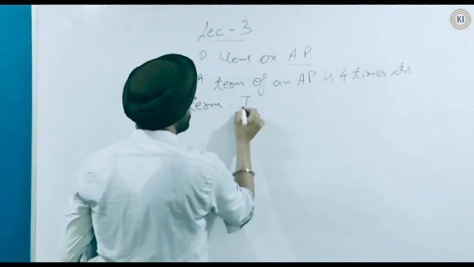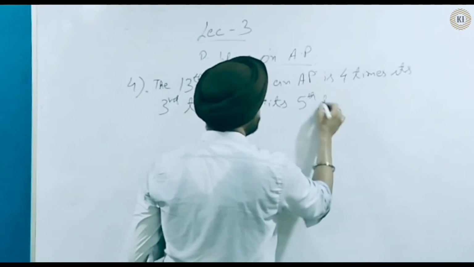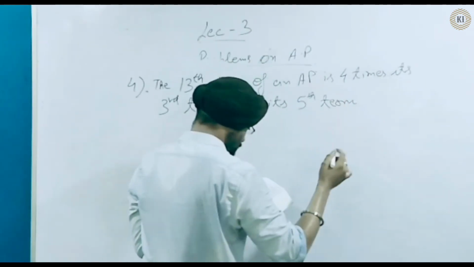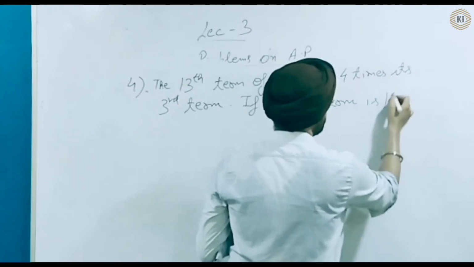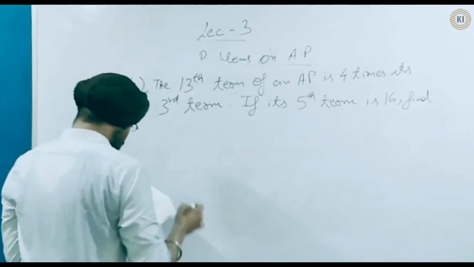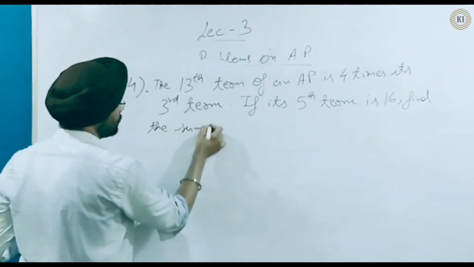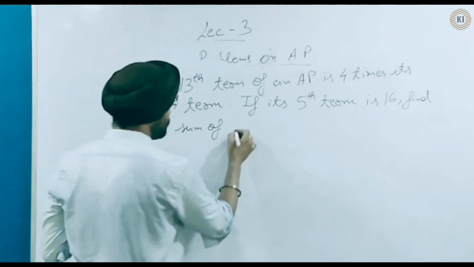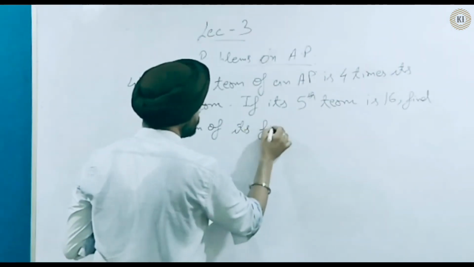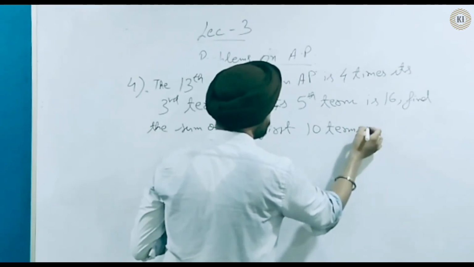If its fifth term is 16, find the sum of its first ten terms.